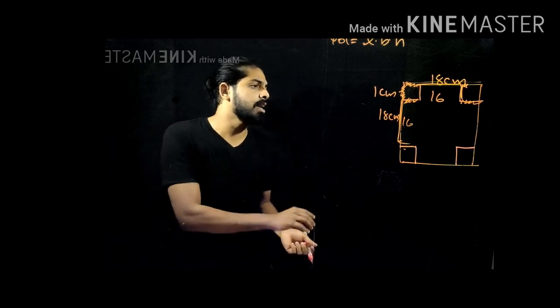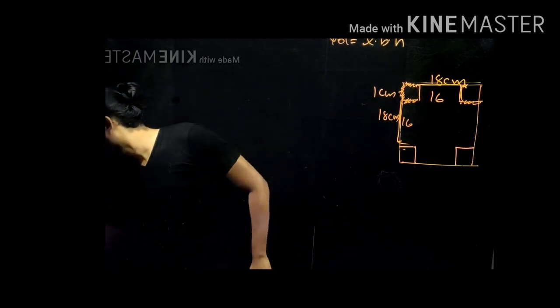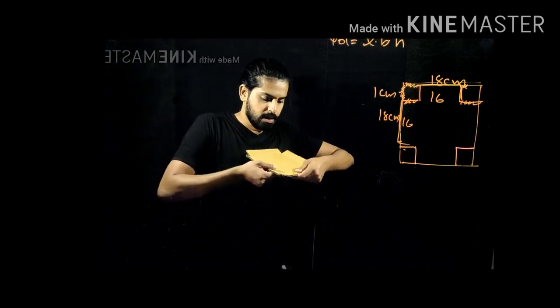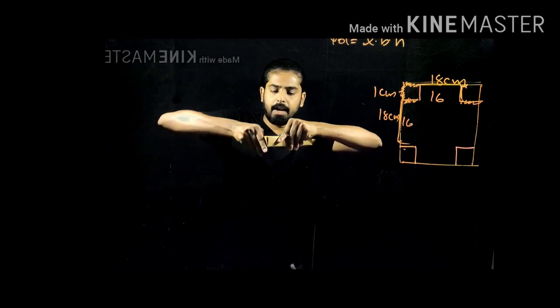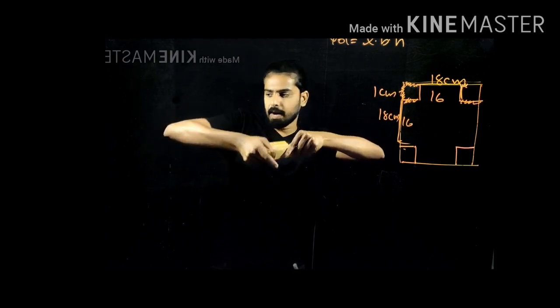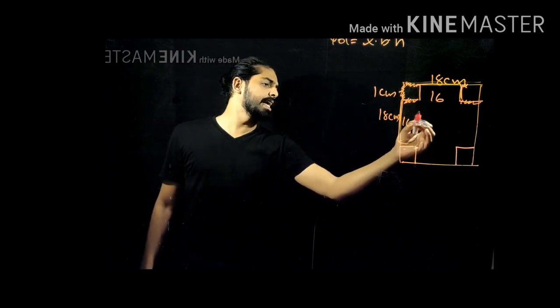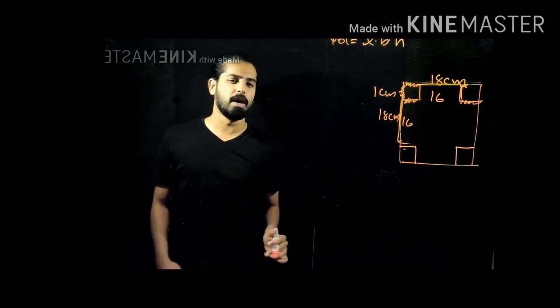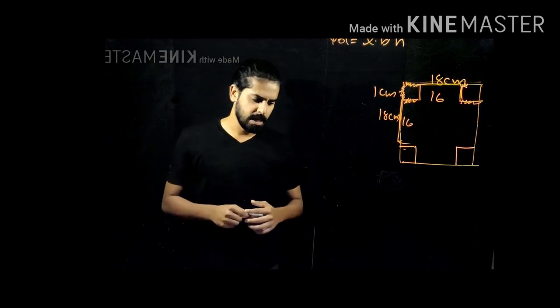And height will be the side of the square itself, this 1 centimeter. Now our volume will be 16 into 16 into the height 1, that is 256 into 1, equal to 256.